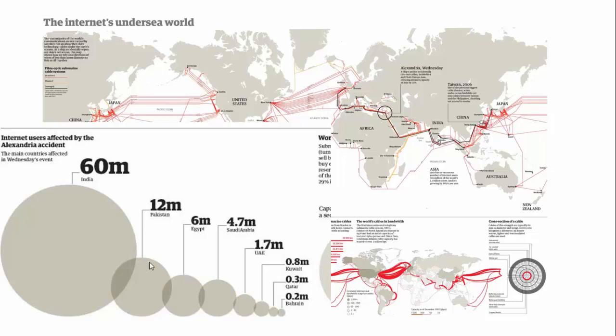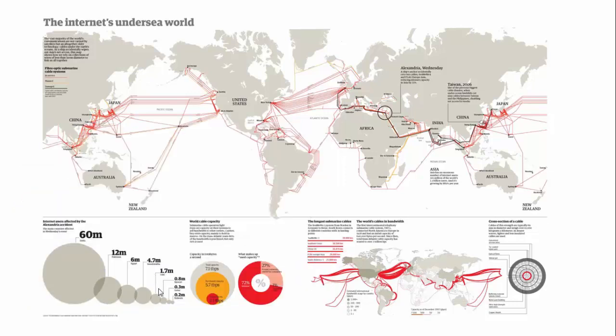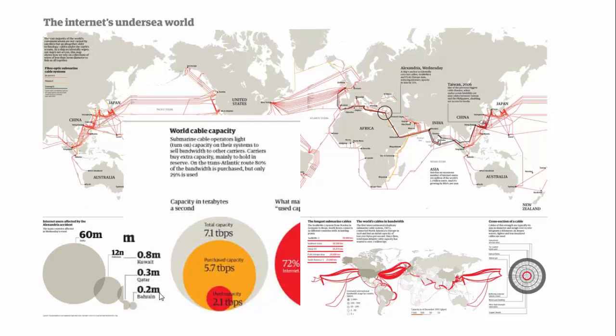But what's interesting is right next door, the graph right next to it is problematic. This is a representation of the cable's carrying capacity. These fiber optic cables carry data, and data is measured in terabits per second, Tbps. The companies lay these down underwater, and then they lease capacity to big internet companies like Google or Microsoft.